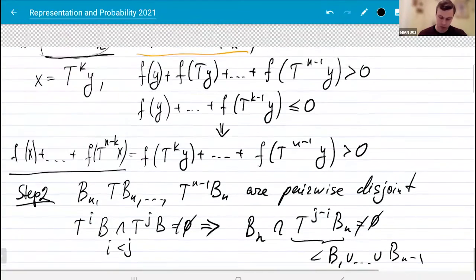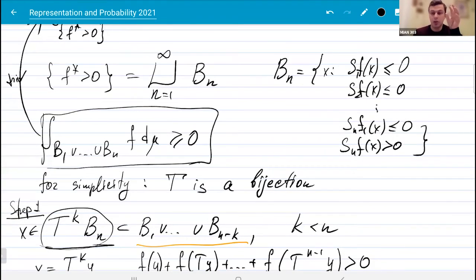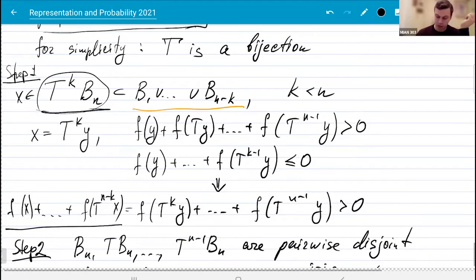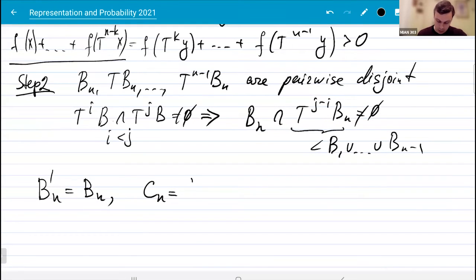Let us recall that I want to prove this. So I want to cut this union into some chunks such that for every chunk it is clear that this integral is non-negative, and the first chunk is indeed constructed. So let me write it as follows. B prime n equals Bn, and Cn equals the union of all these guys.